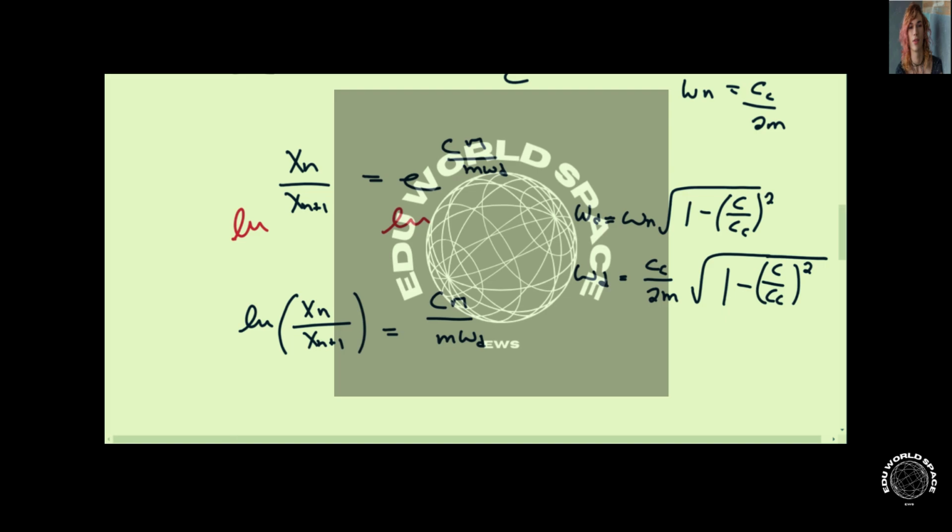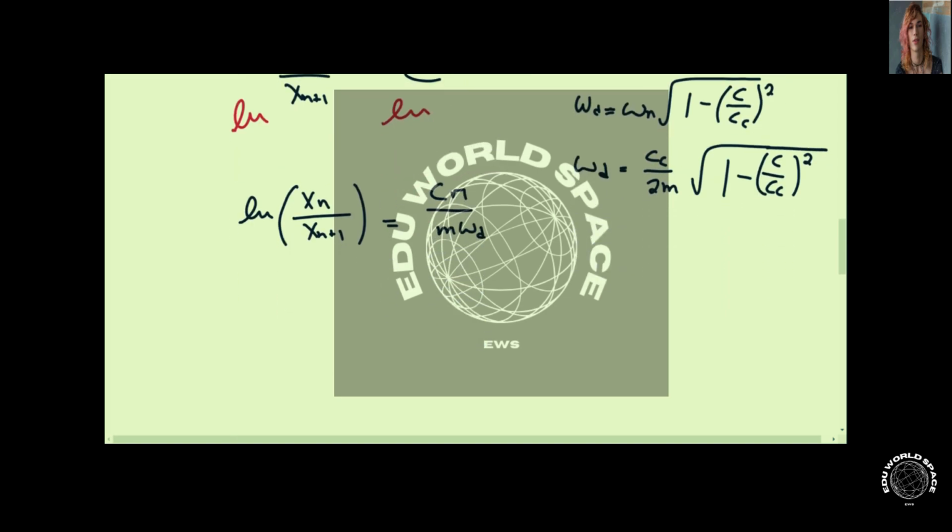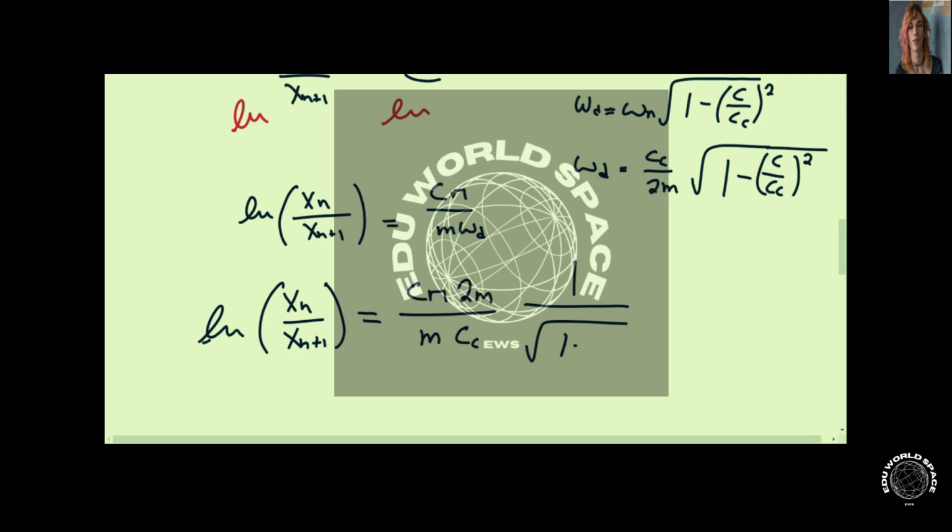Because we're aware of that, we're just going to plug that into this equation over here. So this is going to be c pi 2m divided by m c over 1 minus c squared.